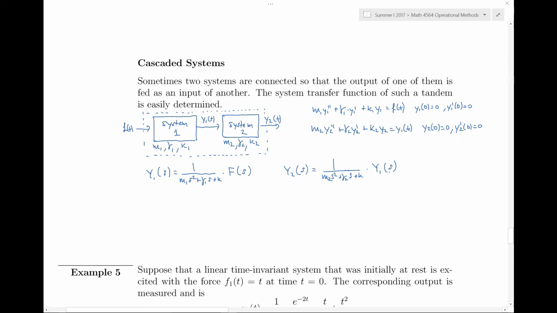So the Laplace transform of the output will be the Laplace transform of the input multiplied by the system transfer function.